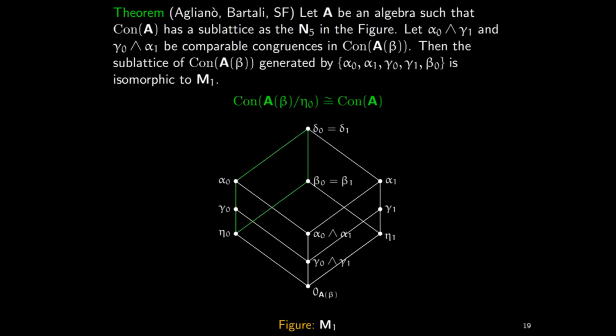How do you prove that? You redo what we have done in the example of L14. So on the two sides, you still have two copies of N5, glued from the edge that starts in B0, from the lemma that we have proven before.